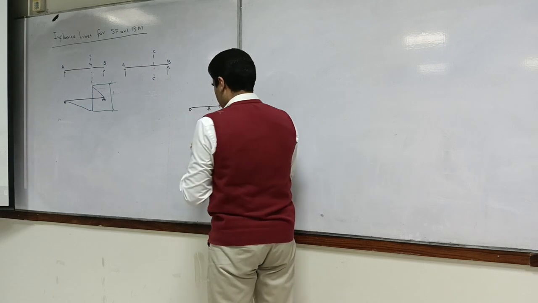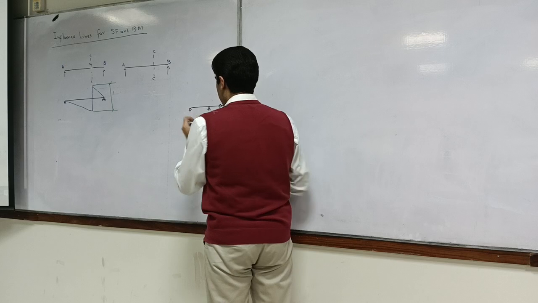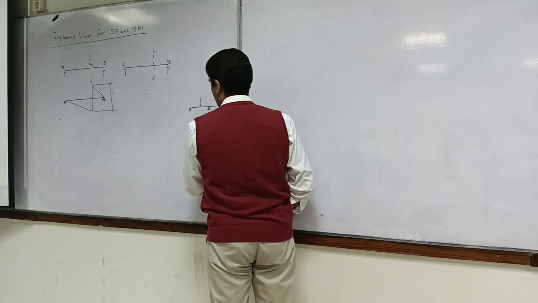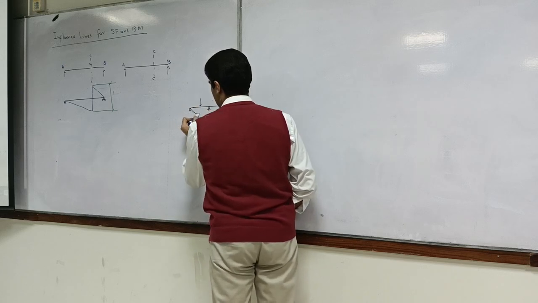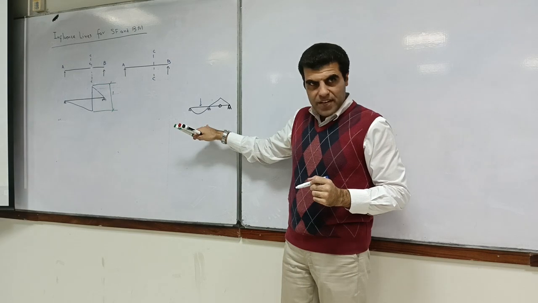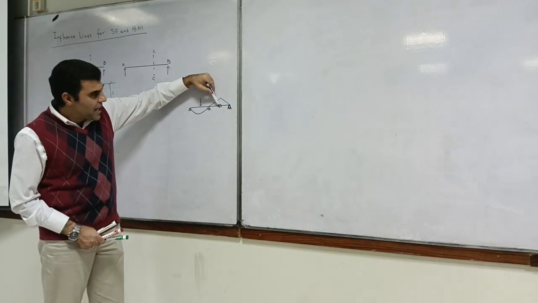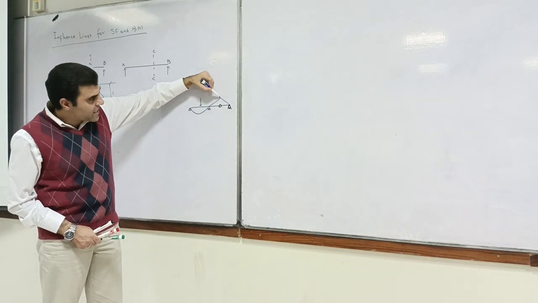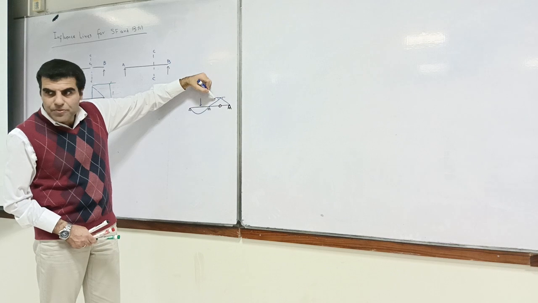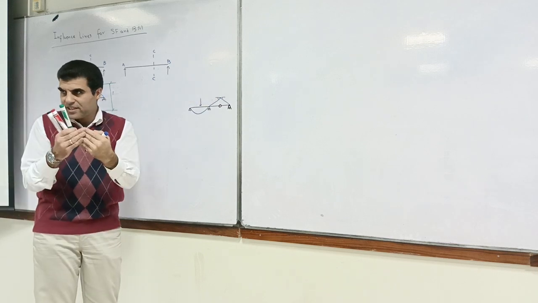What happens to my elastic curve at this internal hinge? Imagine I've got load applied on this side. I will have something like this. Now, what this internal hinge does is it changes these slopes because there is a kink. This internal hinge is like a kink.